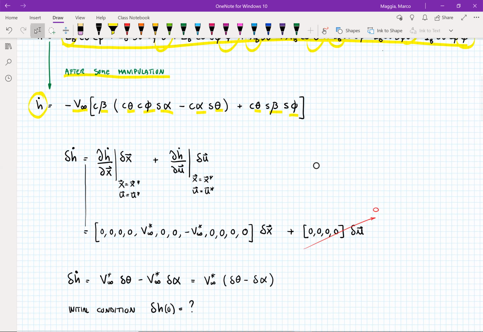Now, of course, if we want to find delta H dot, so the perturbation, what we need to do is to linearize.